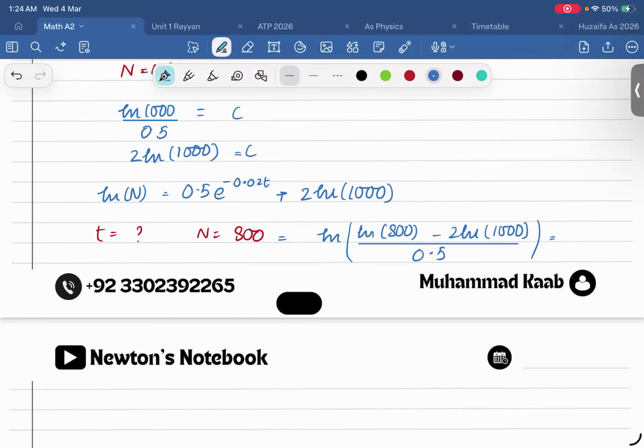It will be 0.02, so just do 1 over 0.02 with a negative sign, and that will be your t.